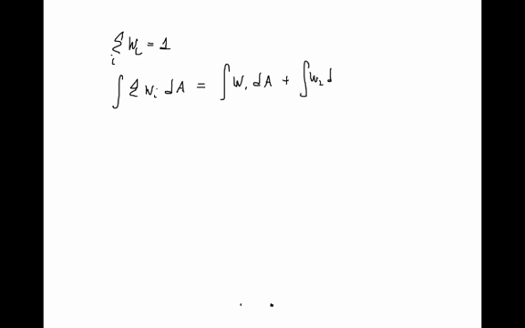So using the knowledge that the sum over I of W sub I is equal to 1, we can say that the integral of the sum over W sub I dA can be written as the integral of W1 dA plus the integral of W2 dA plus the integral of W3 dA.